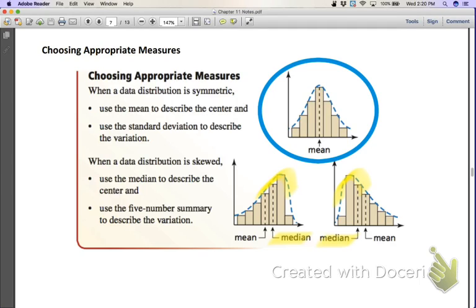I may have tests that average 75%, but the median score is like an 85. What that tells me is that over half of the class got an 85 or above, which is pretty good.